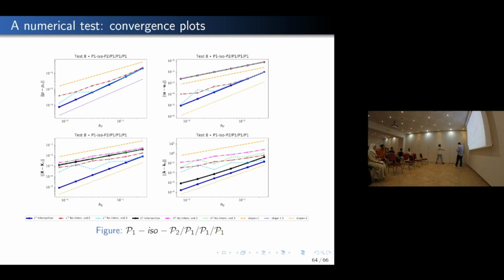But then the addition of the P0 doesn't make the divergence constraint exactly approximated. Usually you add a P0 element, you put it on the big mesh, so the divergence constraint remains not approximated exactly, because if you put it on the finer mesh, you get that the divergence constraint is approximated exactly.